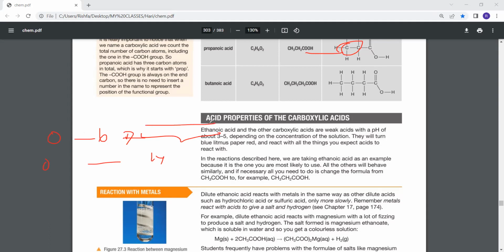After 7, it's basic and the basicity increases. Below 7, the acidity increases downwards. If I take pH 2 and pH 5, which is more acidic? pH 2 is more acidic.